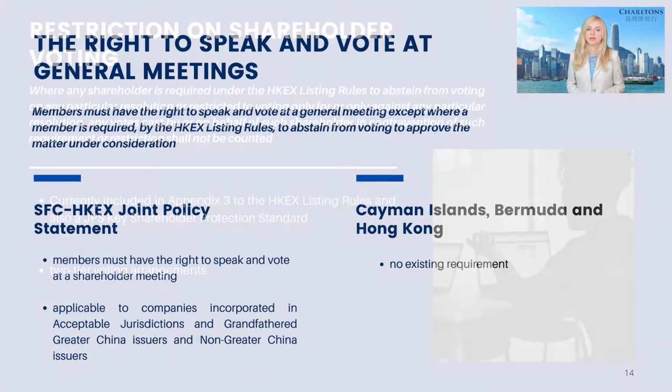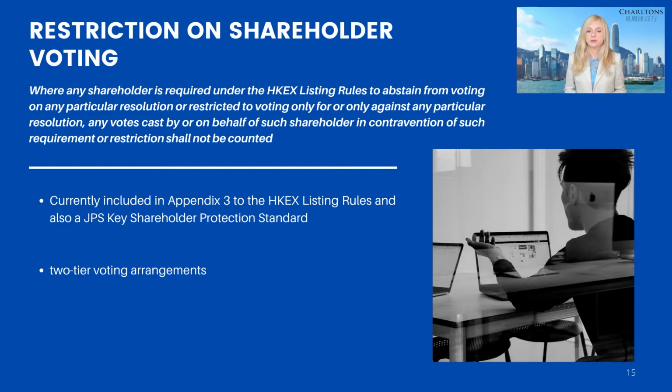The next core standard proposed will require that where any shareholder is required under the listing rules to abstain from voting on any particular resolution, or restricted to voting only for or only against any particular resolution, any votes cast by or on behalf of such shareholder in contravention of such requirement or restriction must not be counted.